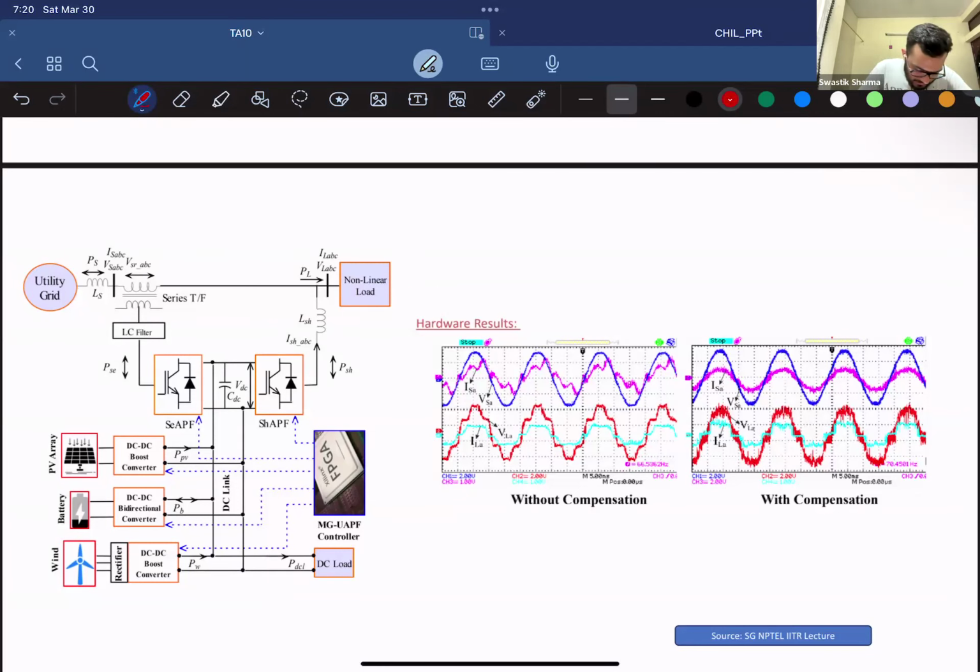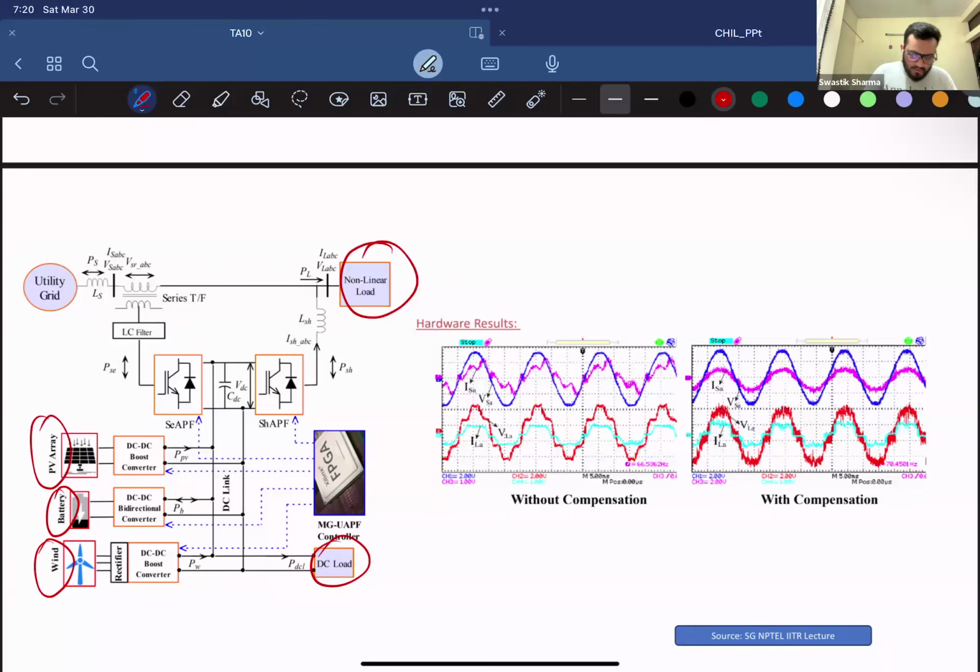It was a DC microgrid, and he had a PV array connected with a battery, wind, and some DC load.